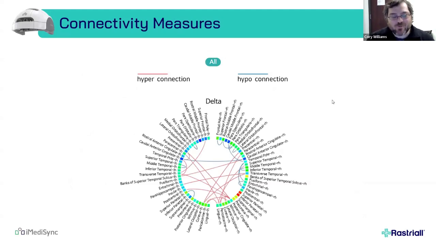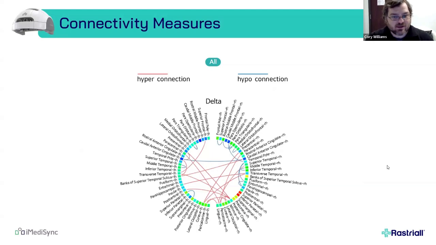Another thing that we get to look at when we compress all this data is connectivity. And so what you'll see in this spiral, and I know it's kind of a lot to take in visually at first, are different parts of the brain. The left hemisphere is on the left, the right hemisphere on the right. And you'll see lines between them that are either blue or red.